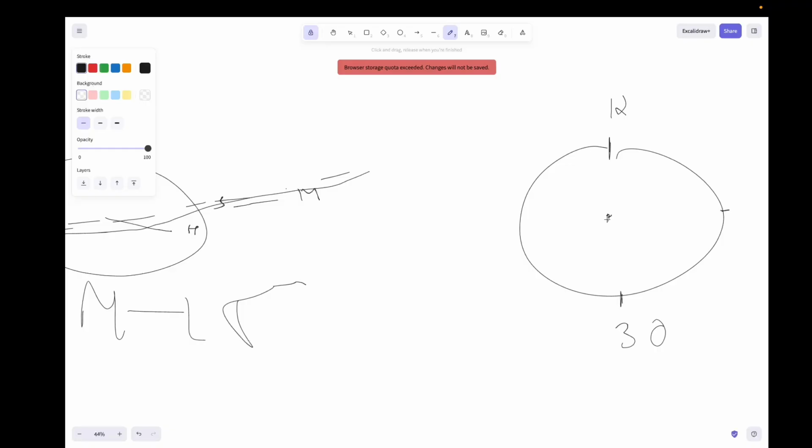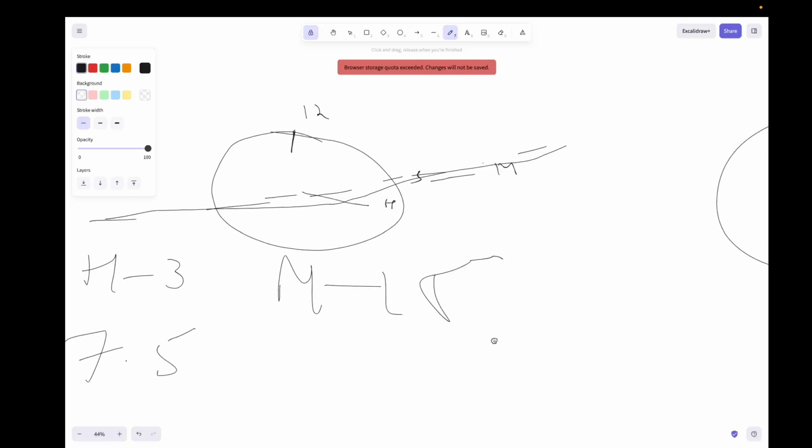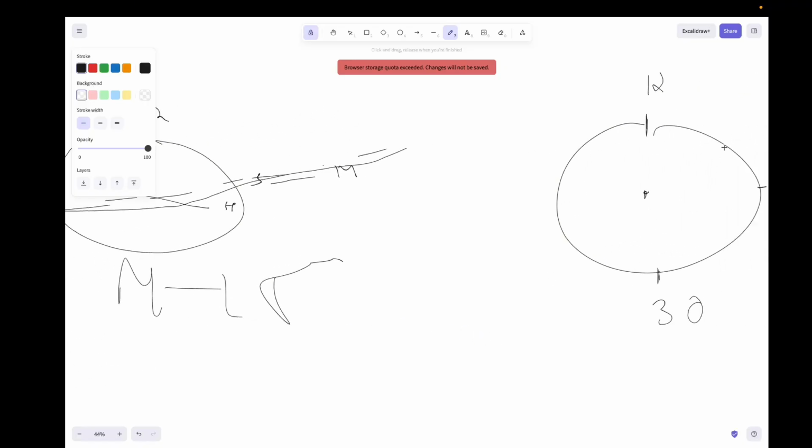Our hour hand would go 30 minutes, 15 degrees. At 12:30, the hour hand is at, this is 1, I will go till the middle part here, so it will move 15 degrees to the right, right?